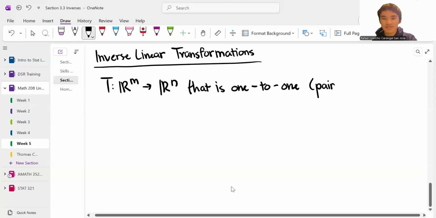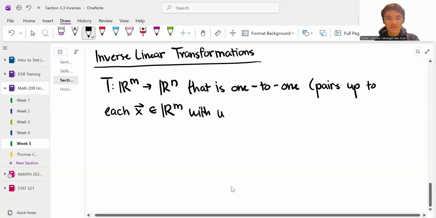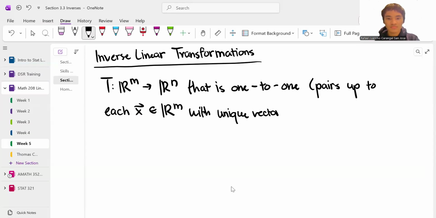Just a brief review from the previous section, it pairs up to each vector x in our Rm with a unique vector y in Rn.